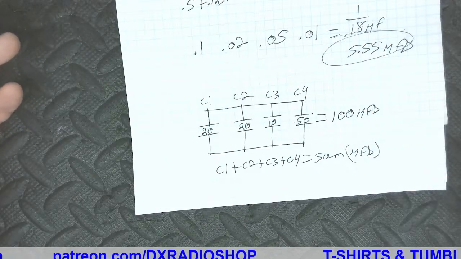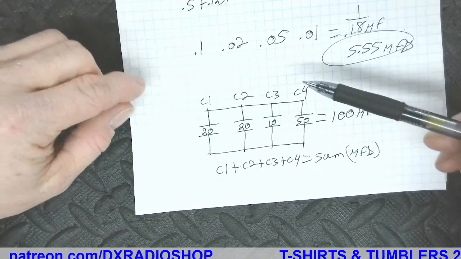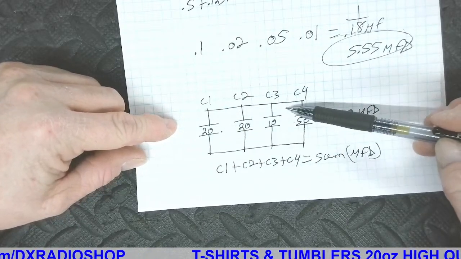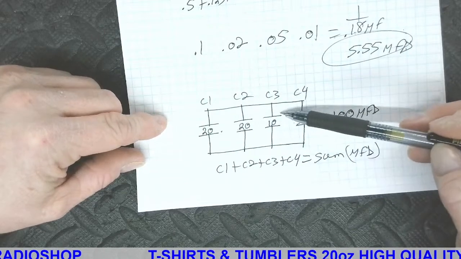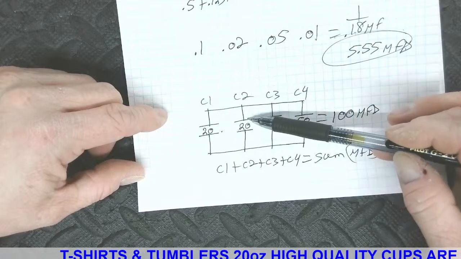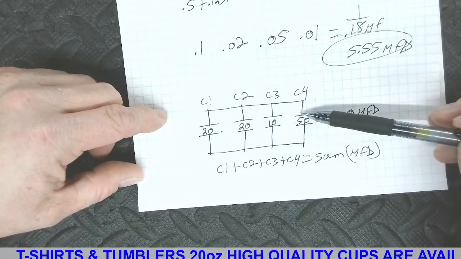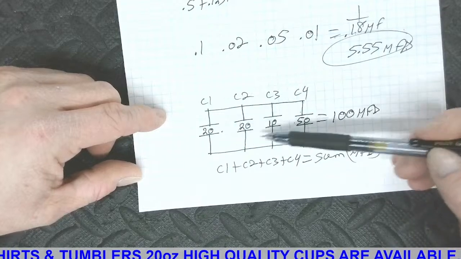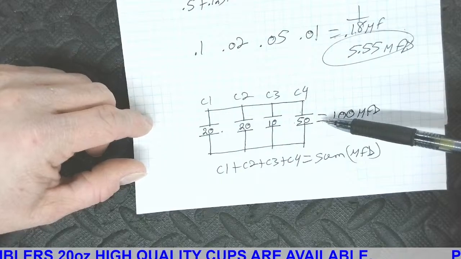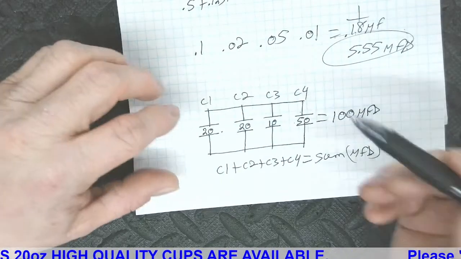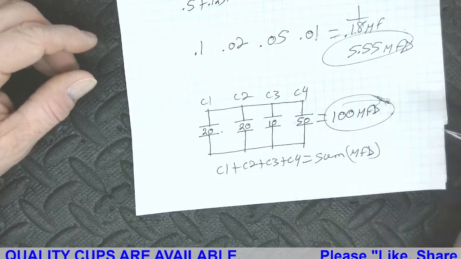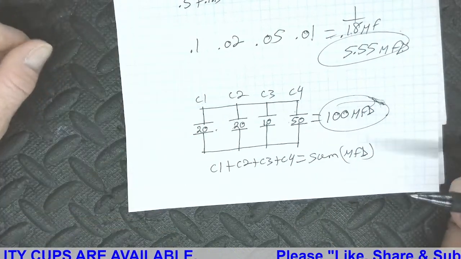If you were to put resistors in parallel, you would not add them up. You would go through a formula to eventually divide and break that down into a value. But when capacitance is in parallel, you actually add them up. So this is your sum total of your 4 capacitors. Everybody got that?